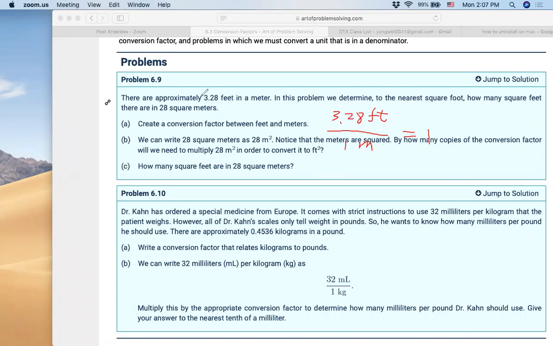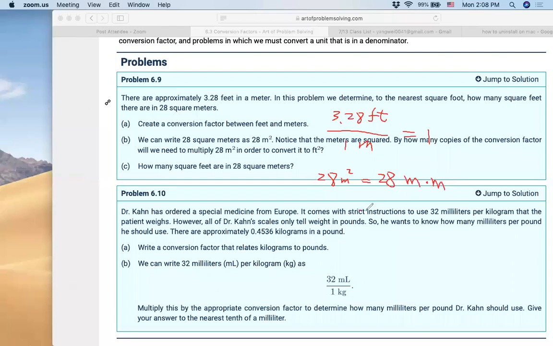Now we can write 28 square meters as 28 meter times meter.